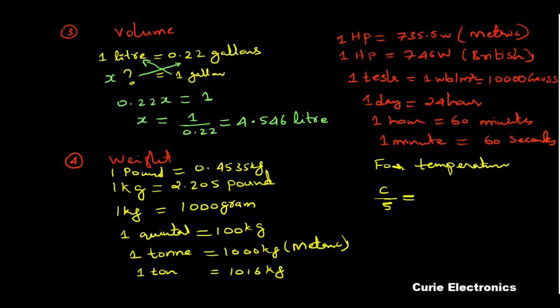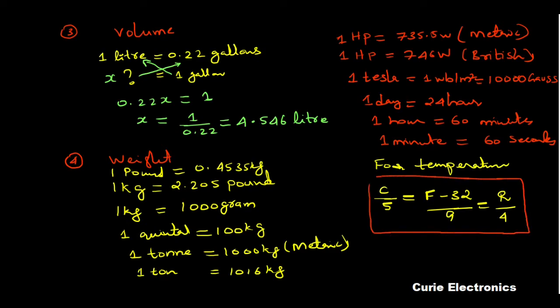C is the temperature in degrees Celsius, F is the temperature in degrees Fahrenheit, and R is the Reamur scale. This equation we should know.